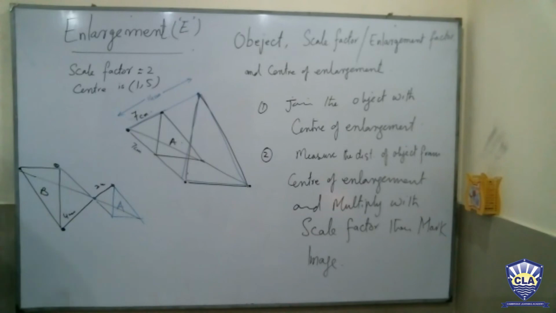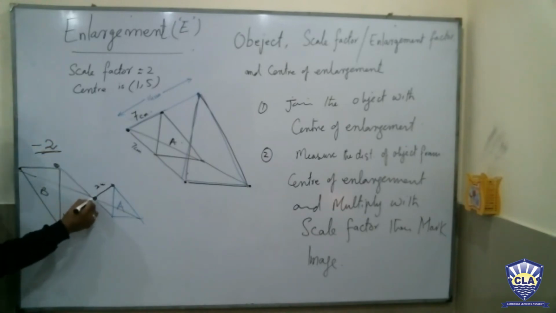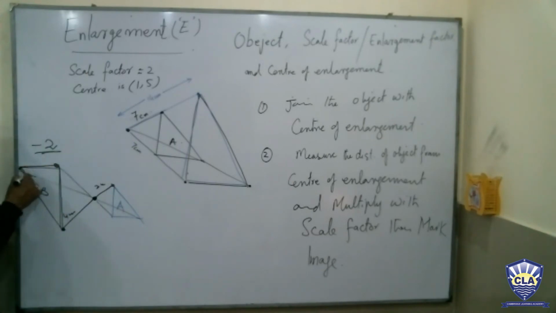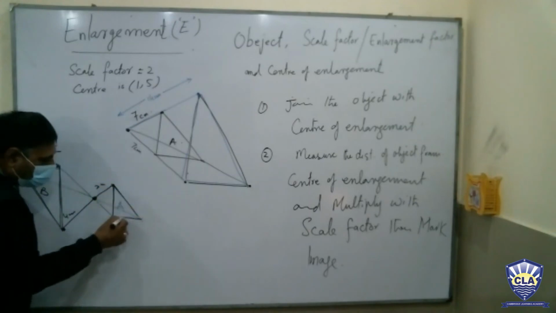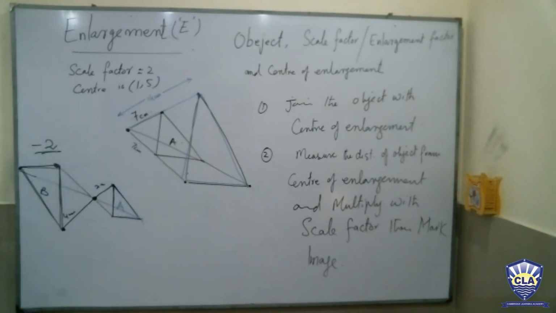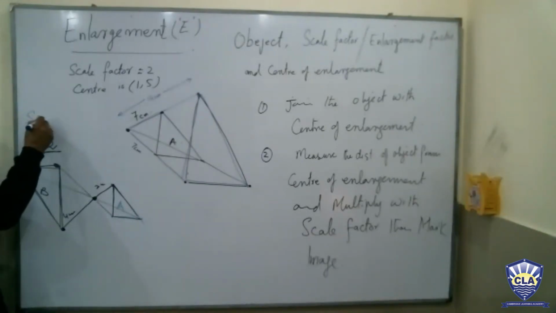Triangle B. If the scale factor is -2, then the center of enlargement will be in between the object and image. Please note down. Take a screenshot of the board. The scale factor is -2.